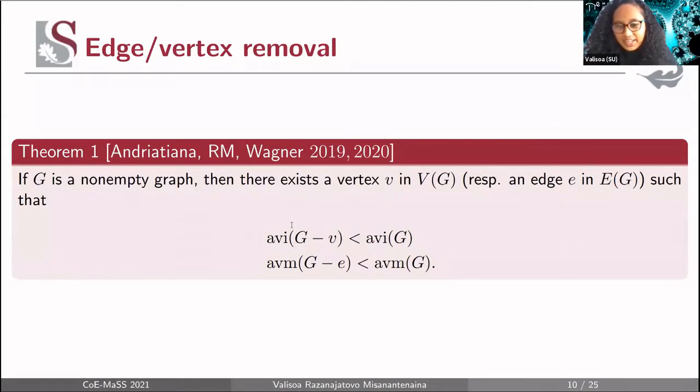We can think again of the first graph you have seen, the S4. If we remove one edge there, everything will increase. And for the average size of matchings, there exists an edge E such that the removal of that edge will definitely decrease the average size of matchings in G.